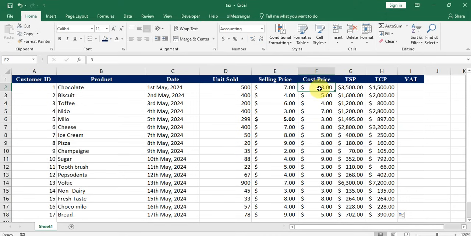This is the amount of money that we bought the product from the factory, and then we came and sold it at a price of 7 cedis, and then the unit sold was 500. So we want to calculate the tax that was added to the product. It will be 5% of the cost price multiplied by the unit sold.